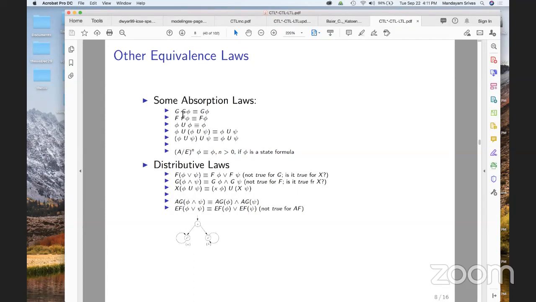So repeated G doesn't add anything for the expressive part. G of G phi is the same as G phi. And multiple occurrences of F together, you can get rid of. And so is the case with U. If you have phi on one side or psi on the other side, you can get rid of them.